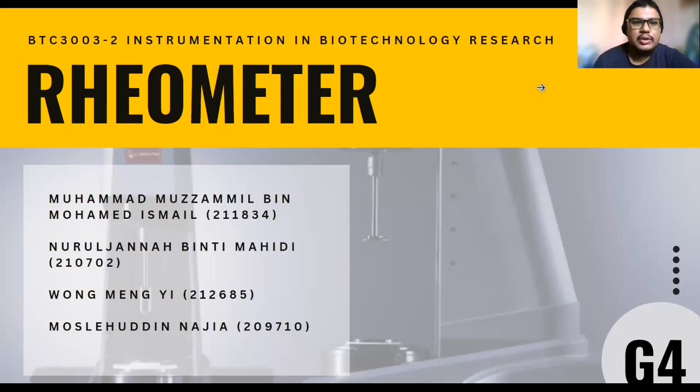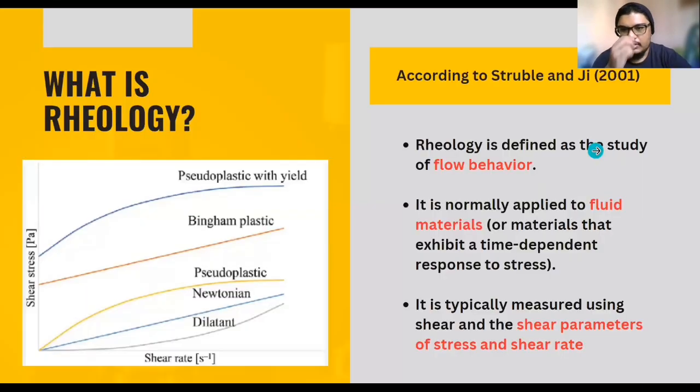So before we look into what a rheometer is, let's look at what rheology is. Rheology, according to Strobel and Gorman 2001, is defined as the study of flow behavior. We have a few types of fluid, such as pseudoplastic, Bingham plastic, pseudoplastic with yield, Newtonian, and dilatant.